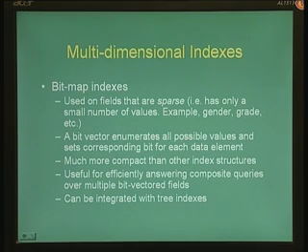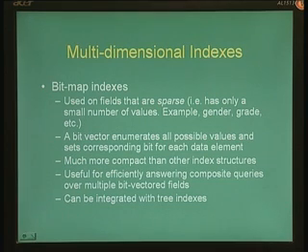Then there are bitmap indexes, which are quite commonly used, and these are used on fields that are sparse, that is, fields that have only a small number of values. For example, gender has only 2 values, or grades in a university setting may have 5 values, A, B, C, D, E, F and so on.